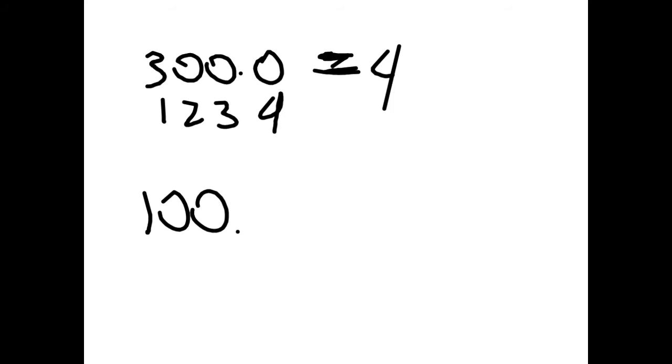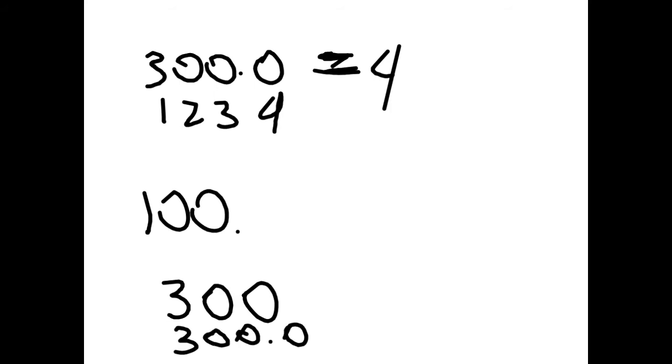But it is 4 because this has how many significant digits? 1. This has 4 because I added a 0 that I didn't need there. It doesn't change the value, right? These are exactly the same number, correct? They're not going to change any multiplication, whether I put this or this in my calculator, right?